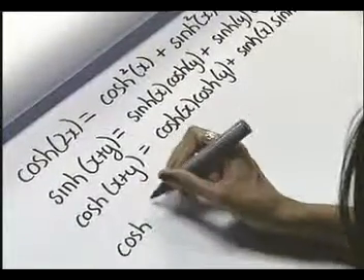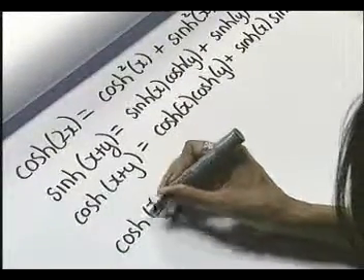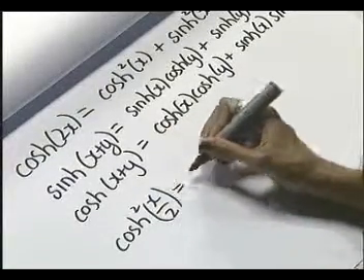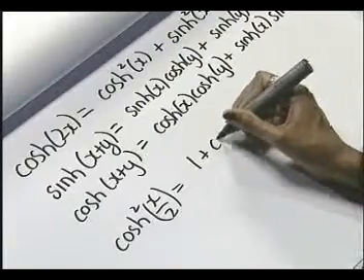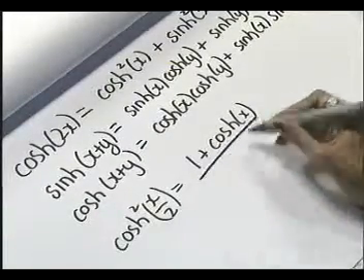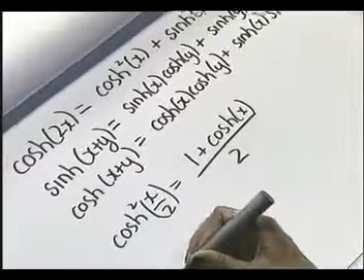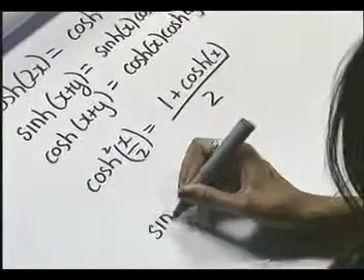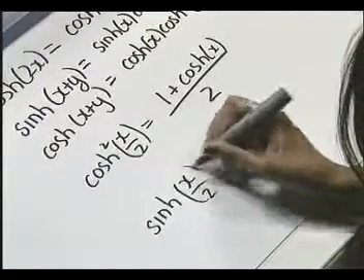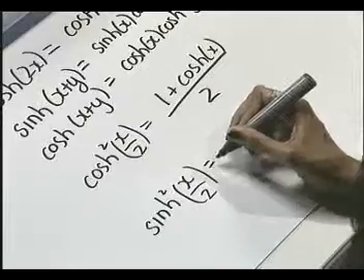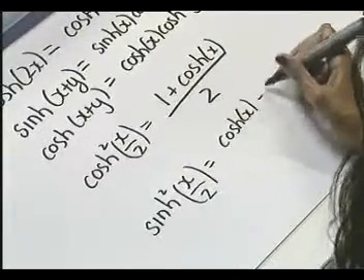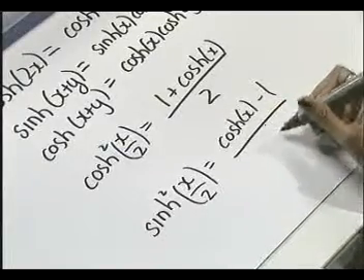Cosh of x over 2, all squared, is 1 plus cosh x, all divided by 2. And to finish off, sinh of x over 2, all squared, is cosh x minus 1, all divided by 2.